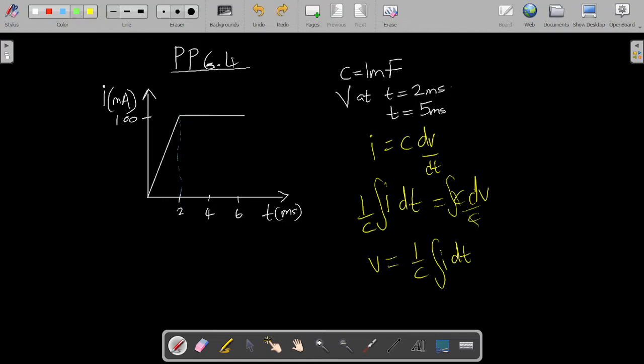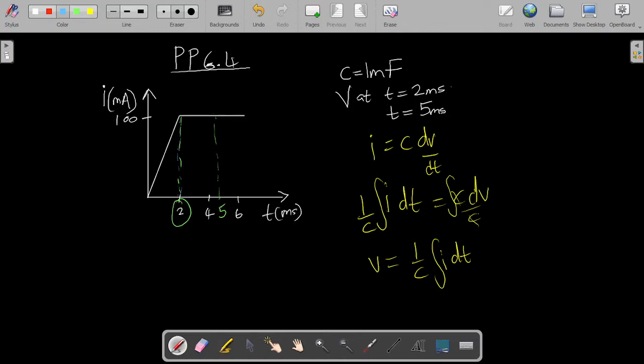Previously, I just did the area because your integral talks about the area below the graph. So in a way, we're still going to use that method, but we're going to compute the integral directly. The times that we're interested in are 2 milliseconds, which is over there, and 5, which has to be somewhere over there. To find the voltage, we're still going to find the area under the graph up until the point which is mentioned.